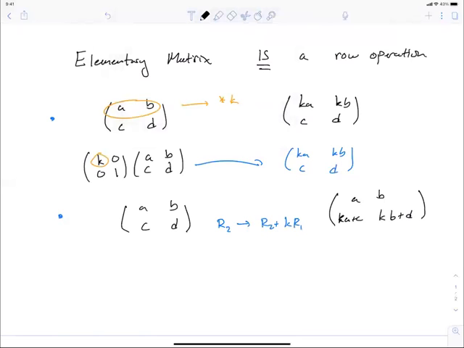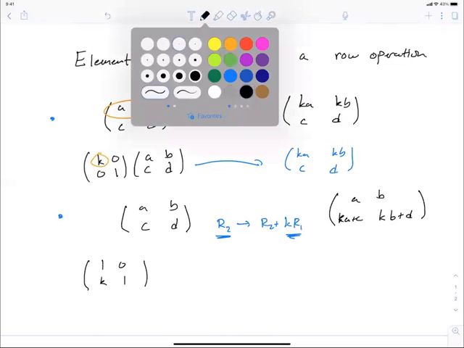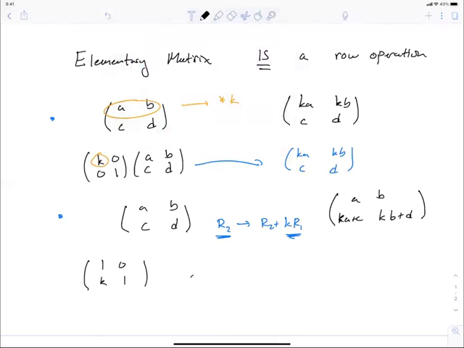As it turns out, that's the same thing as multiplying by a certain specific elementary matrix. It's going to be the identity matrix again, except instead of the k being on the diagonal, that k is going to be in a specific position. It's going to be in the row corresponding to the row you're changing, and the column is going to correspond to the row that you're adding to it. So if we do this, we can check that we're going to get the same thing.